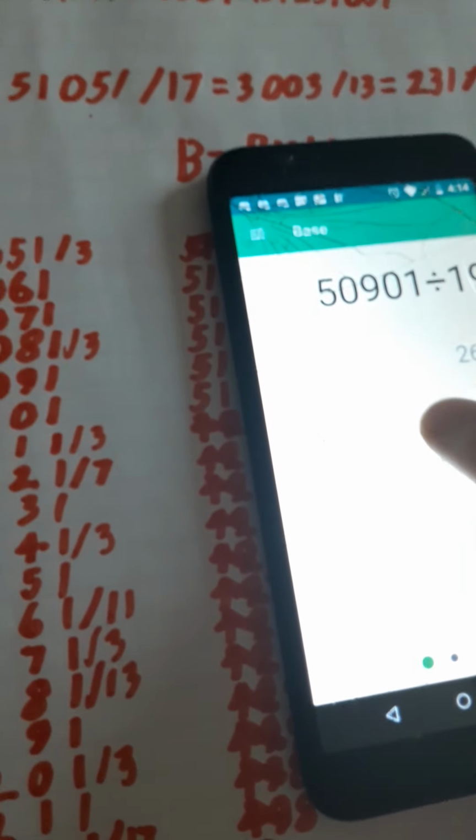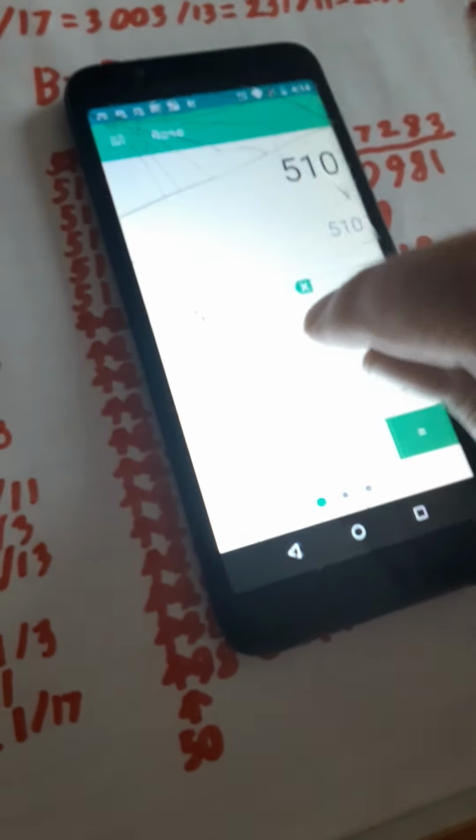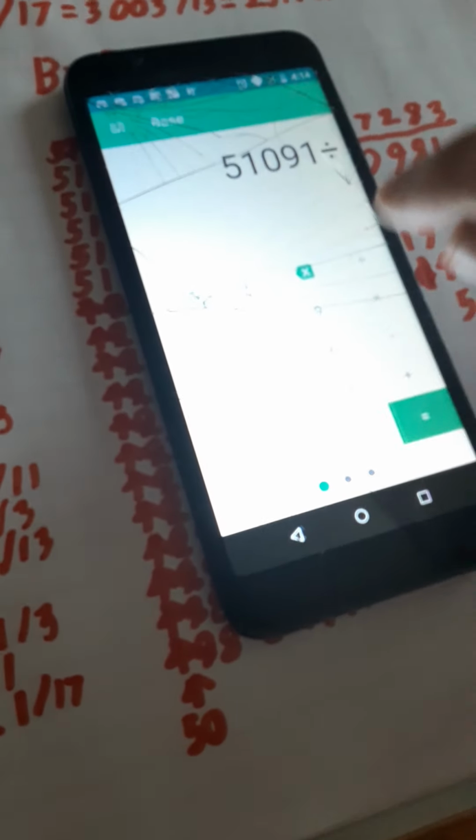That number should be divisible by 19, which I can do. 51,051, 0, 91, 19. Yep, it is.